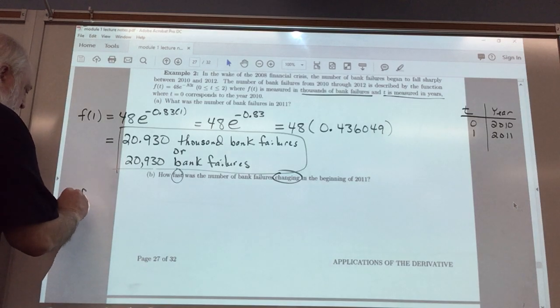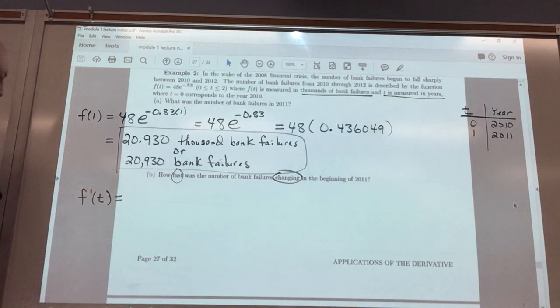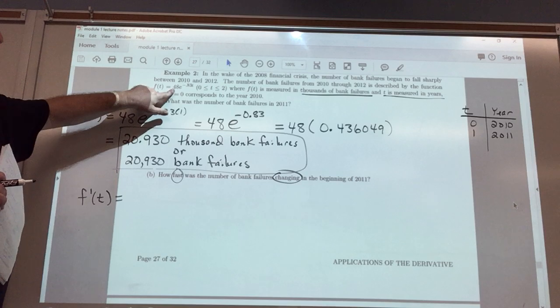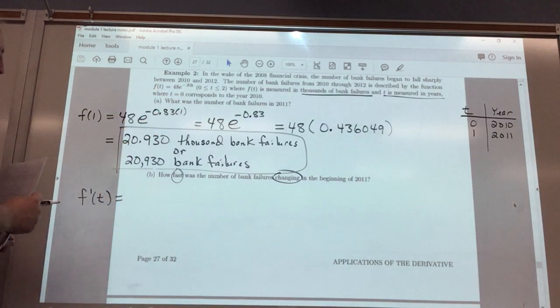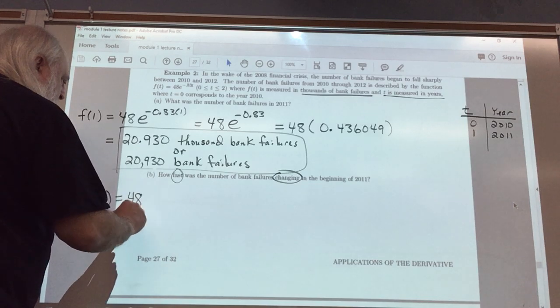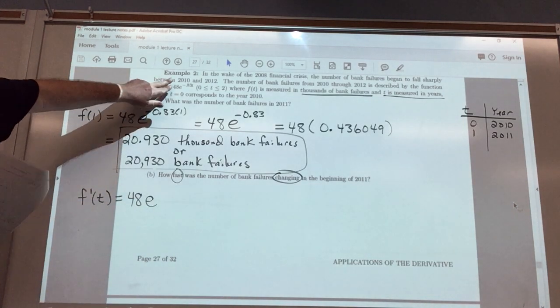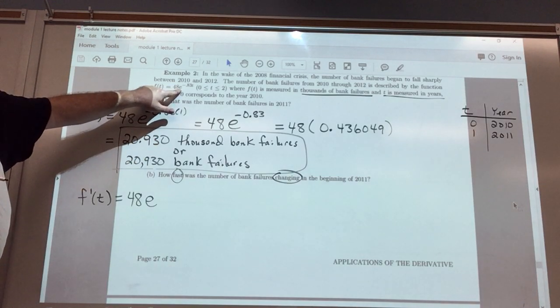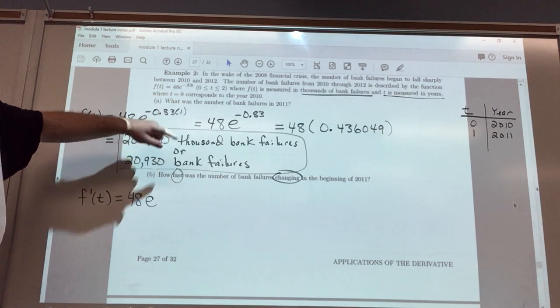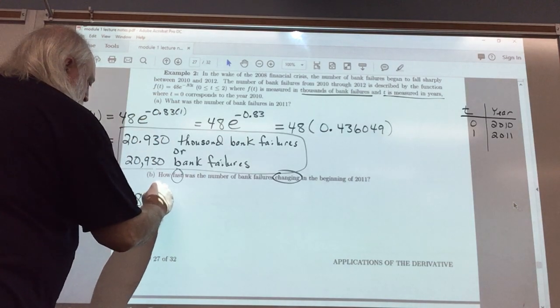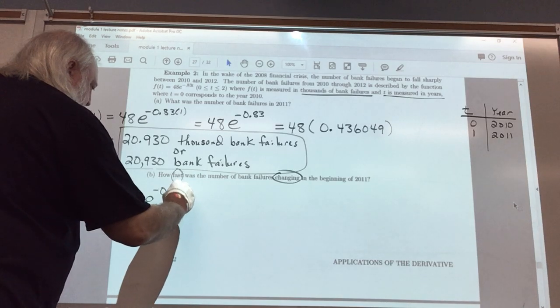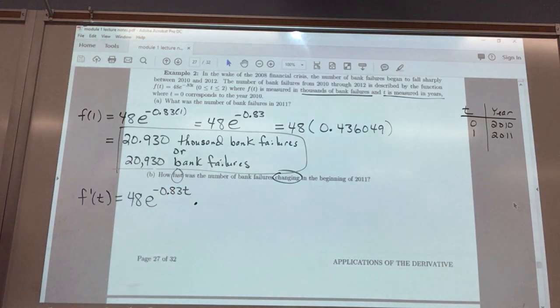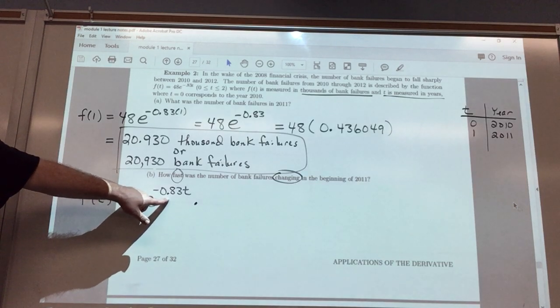So f prime of t is equal to, again, this 48 is a multiplicative constant, so we just carry it along. And then in differentiating e to the minus 0.83 t power, we have to use the chain rule. The derivative of e to the minus 0.83 t power is itself, from the rules of differentiation. And then by the chain rule, we have to multiply that by the derivative of the exponent.